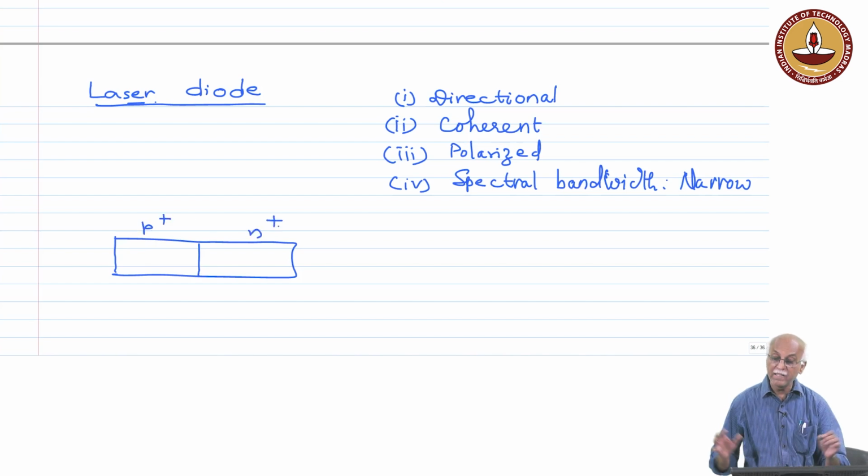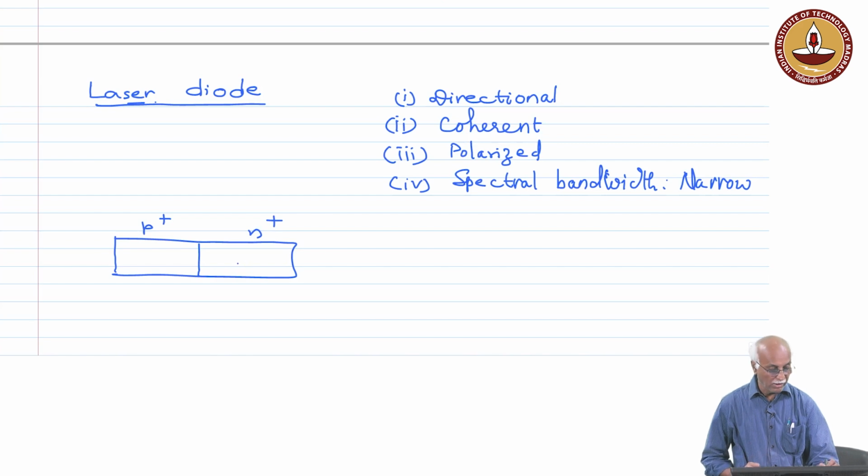The carrier density, the number of carriers, is quite large. Heavily doped. And of course, similarly we apply forward bias.